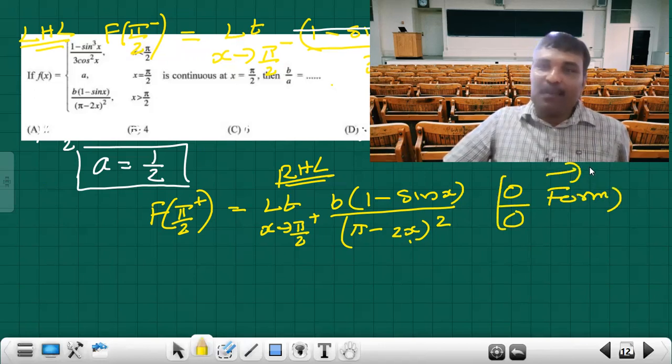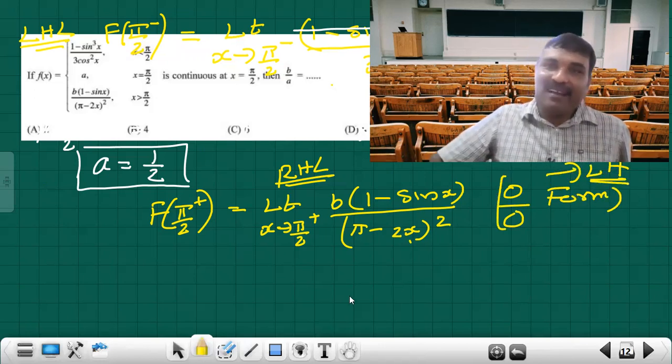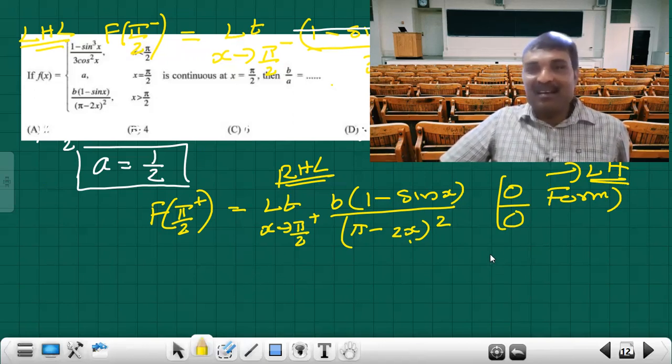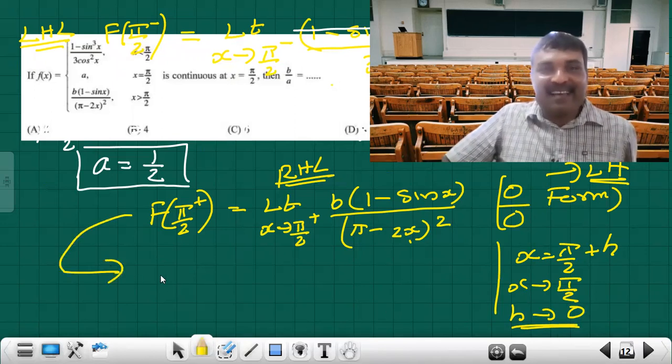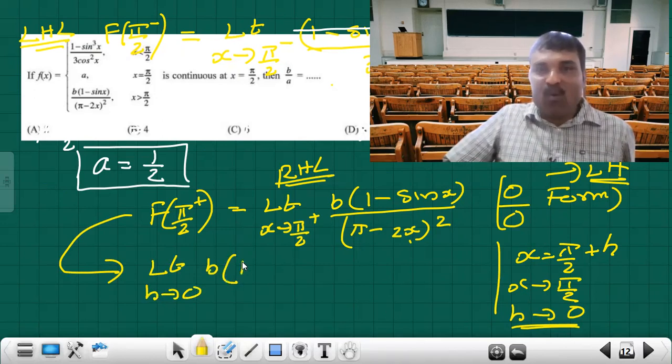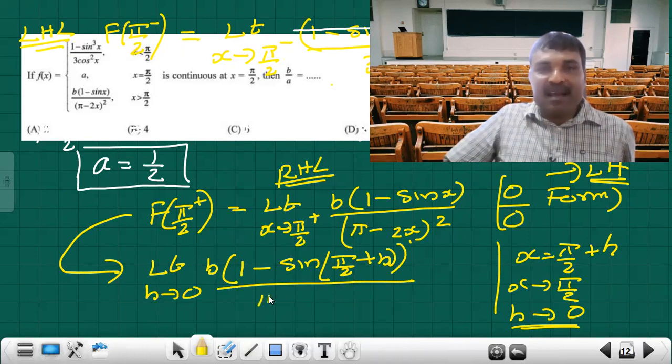So you can either apply L'Hospital's rule or we can apply the direct method, that is substitution. We can put x equal to pi by 2 plus h. So x tends to pi by 2 implies h tends to 0. We can write this as limit h tends to 0 of b multiplied by 1 minus sin of pi by 2 plus h, divided by pi minus 2 into pi by 2 plus h, the whole square.